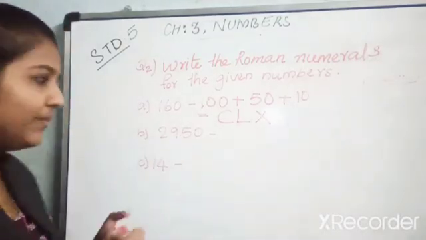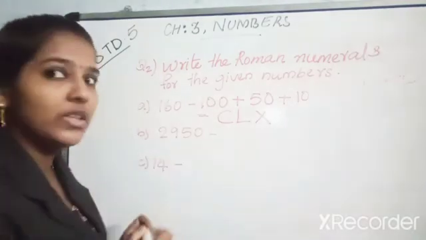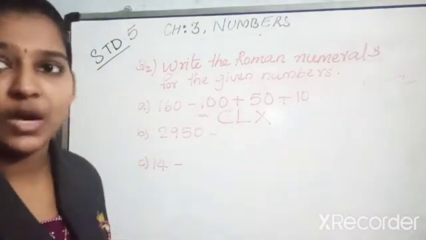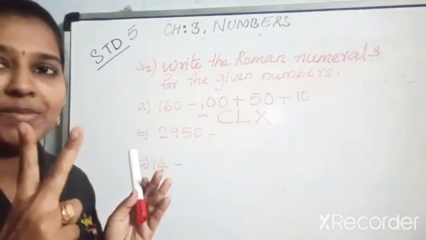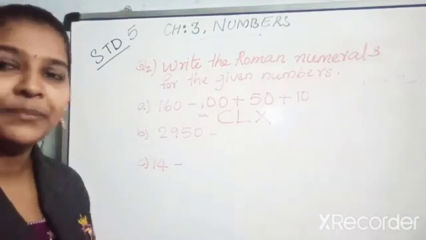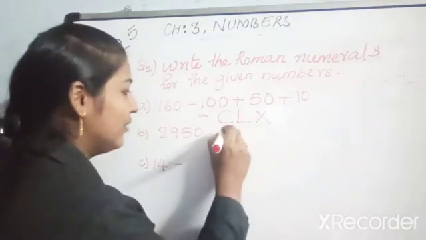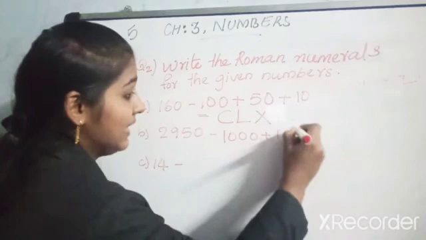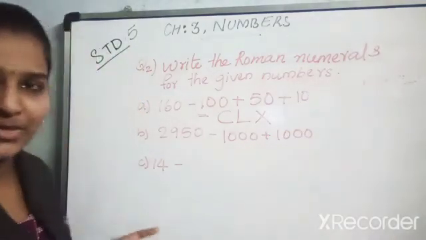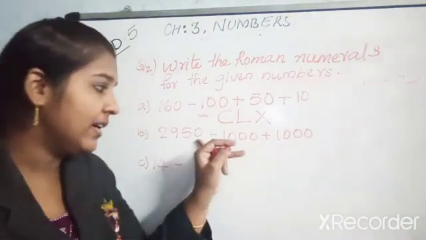How to write? We know the Roman numeral for 1000, isn't it? So when the 1000 is repeating 2 times, we will get 2000, right? So I am writing that 1000 plus 1000 is 2000. Now 950.